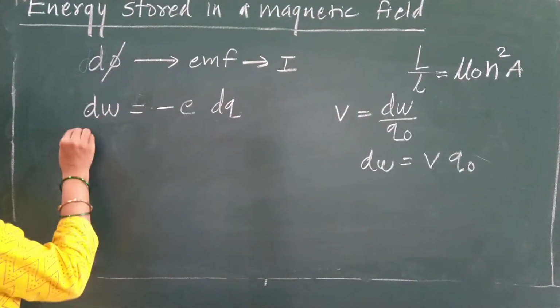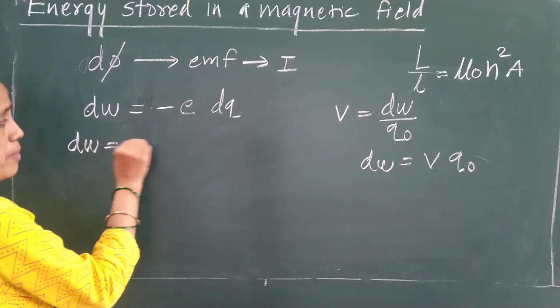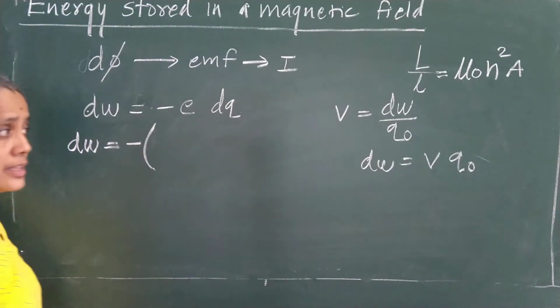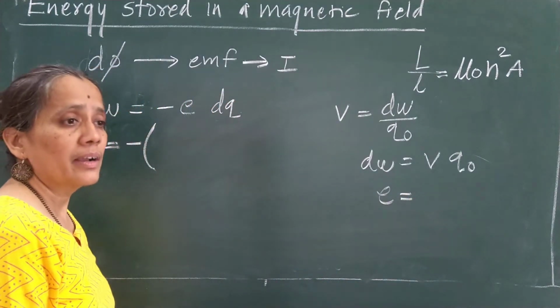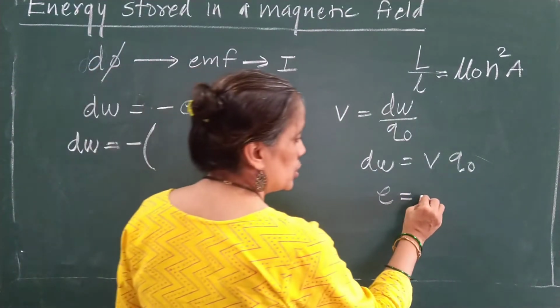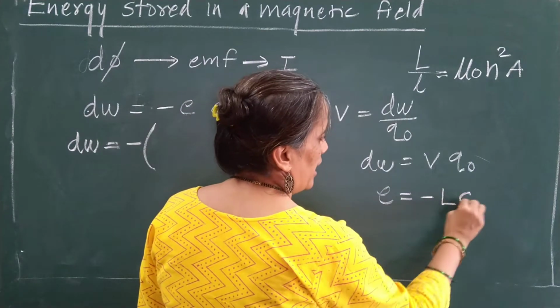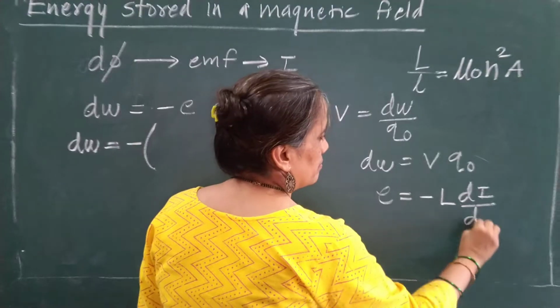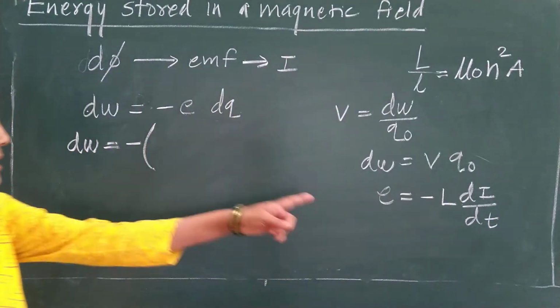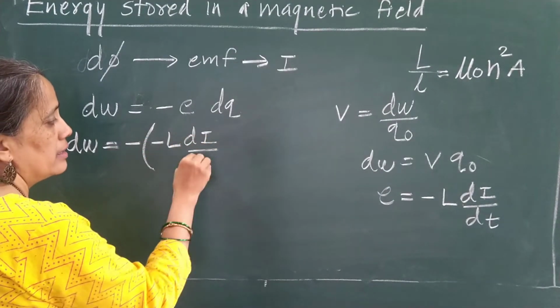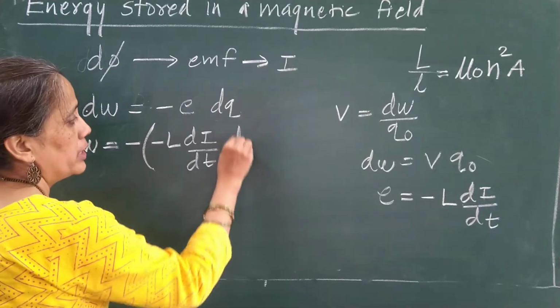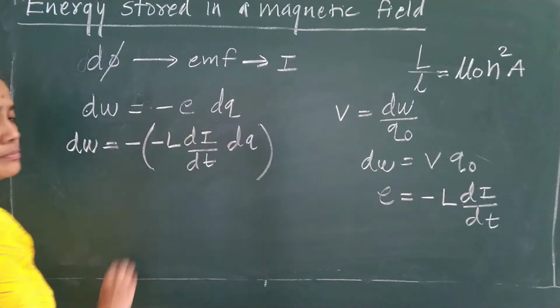So now I can write dW is equal to minus, now the value of E. This value of E we can write from the EMF generated in the coil, which is nothing but minus L di by dt. So this EMF generated I can write as minus L di by dt into dq as it is.